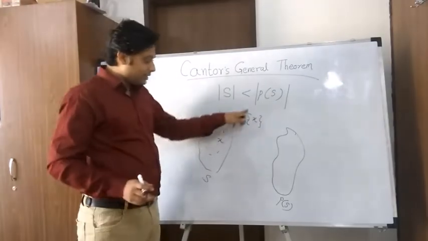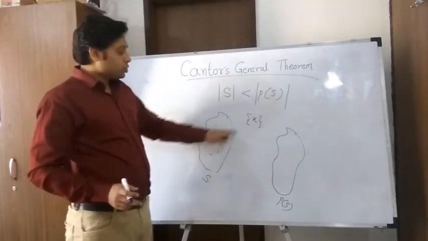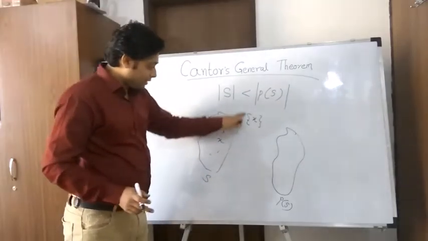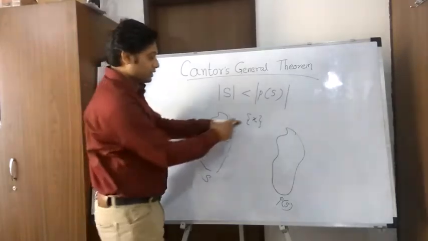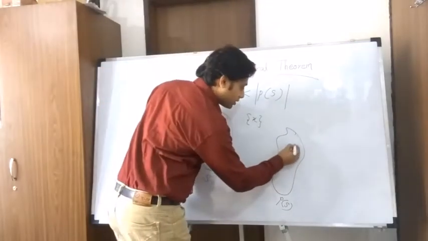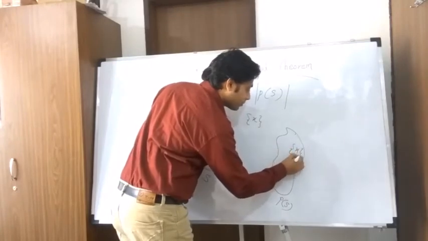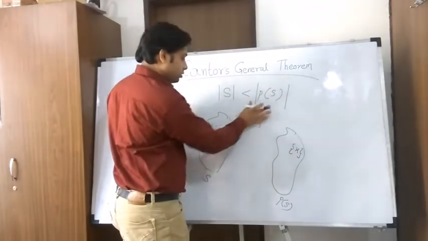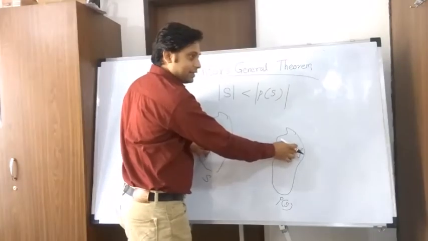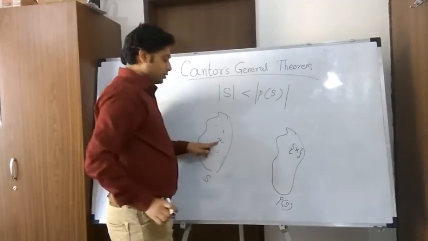Now is this set a subset of S? All the elements of this set are present here, so this set is a subset of S. So this singleton set is actually a member of the power set of S. It should be somewhere here. For every element here there is a singleton set corresponding to that element over here.